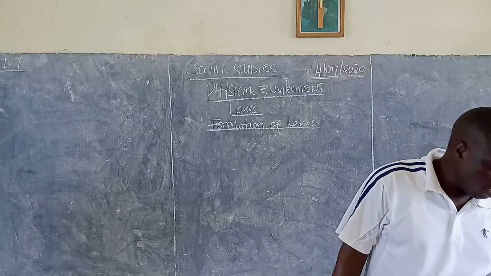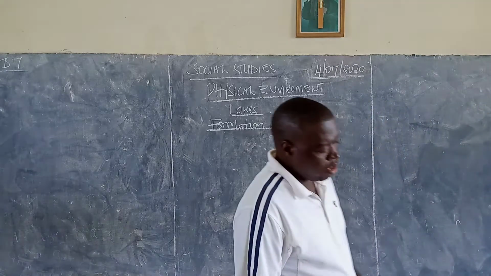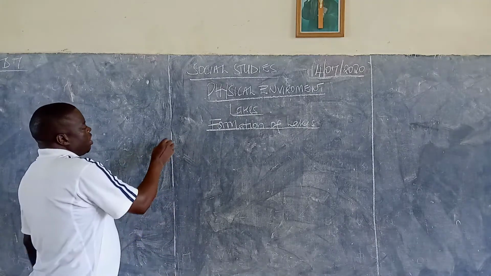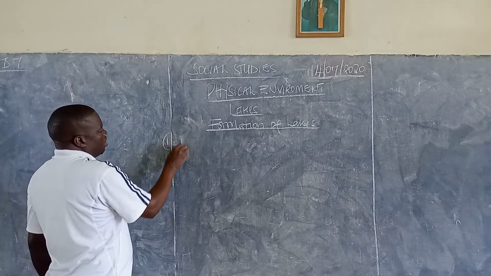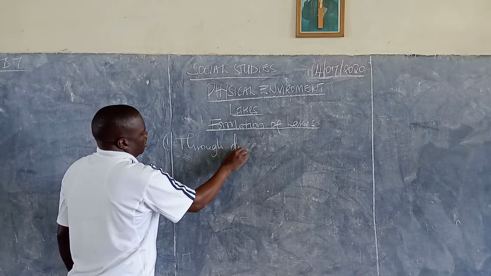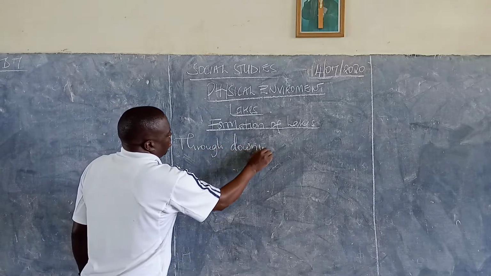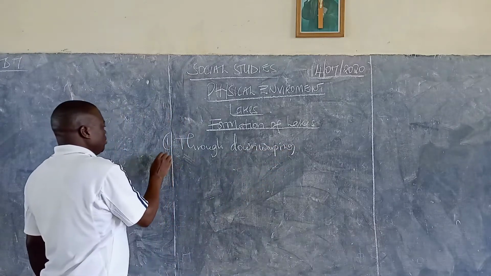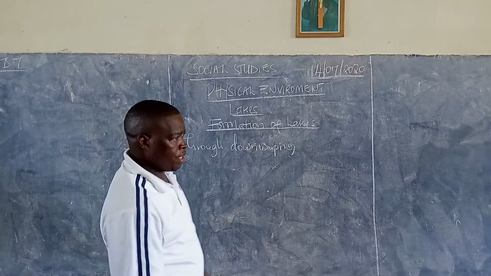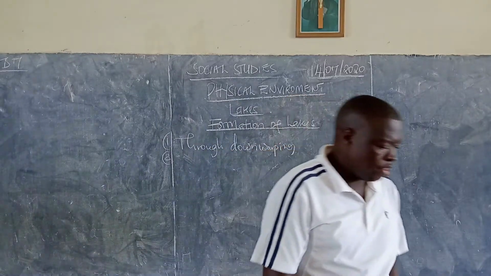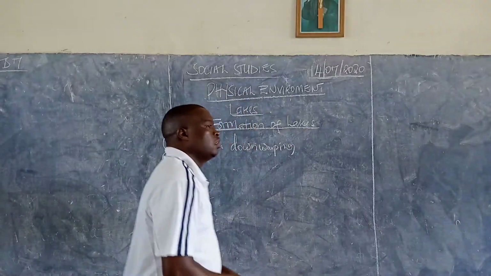So we have our number one, lakes formed through downwarping. Then we also have lakes formed through faulting.